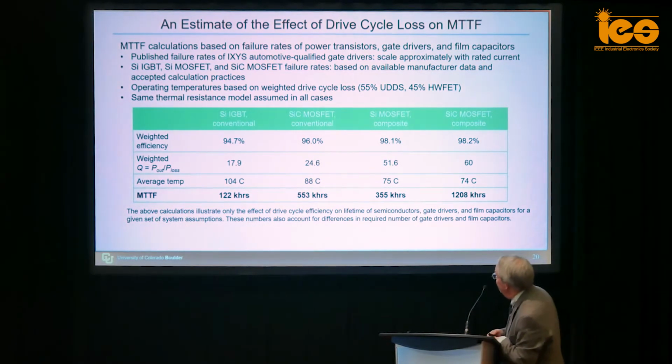So you don't just count MOSFETs. If we compare things on a really systematic basis, here the fact that we have a higher component count is outweighed by the fact that the temperature rise is much lower because we have much higher efficiency and higher Q, and that leads to much higher mean time to failure.